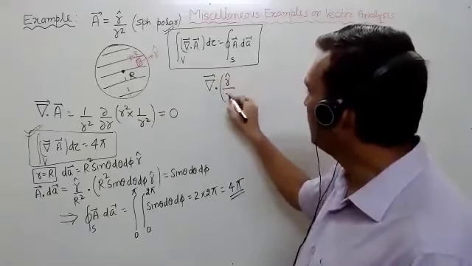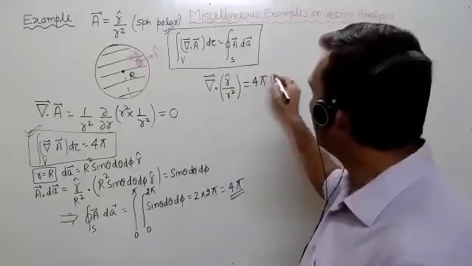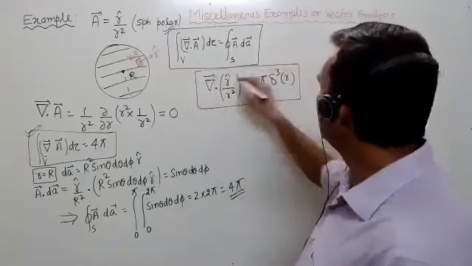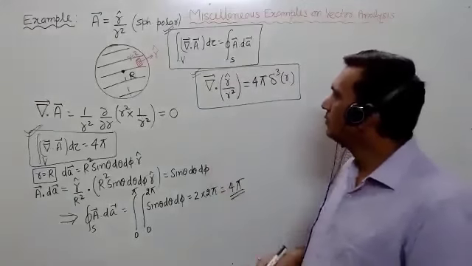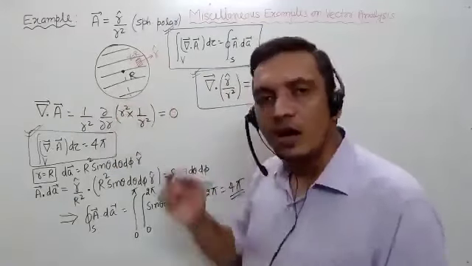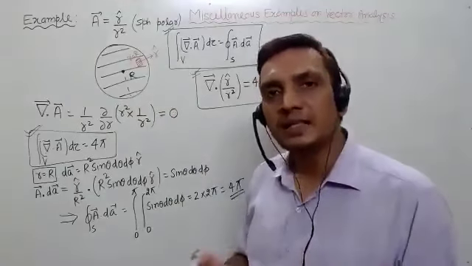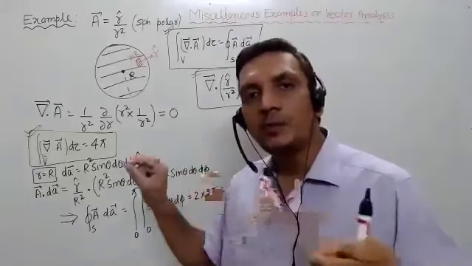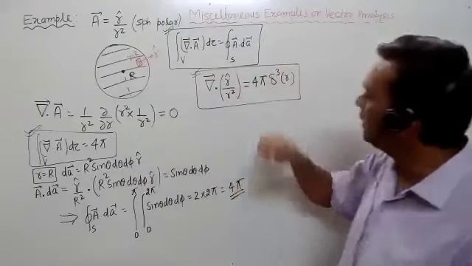It's a special function that you have to express as 4 pi Dirac delta function. This is, I have written Dirac delta function in 3 dimensions. So why is this required? Because divergence is 0 at all point except at one point, and we have Dirac delta function that can be represented in this form, that Dirac delta function is 0 at all point except at one particular point. So that's why divergence can be written in this form.